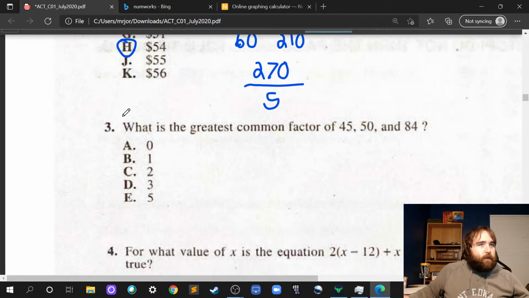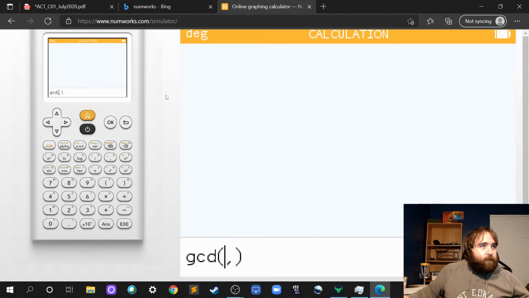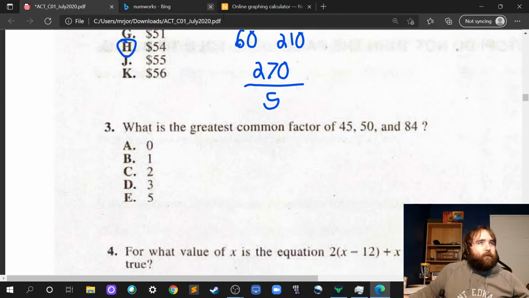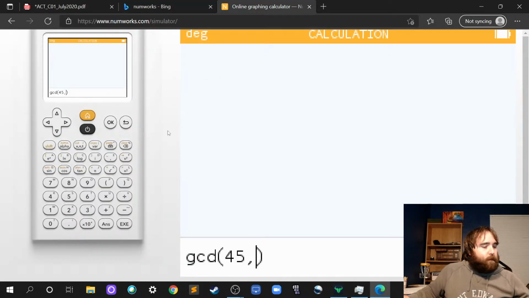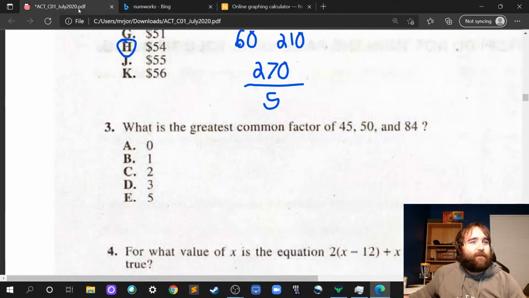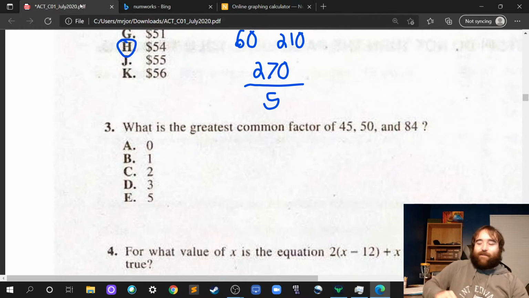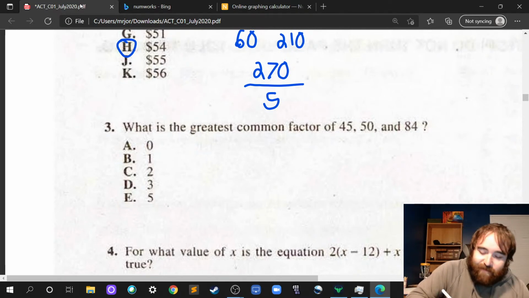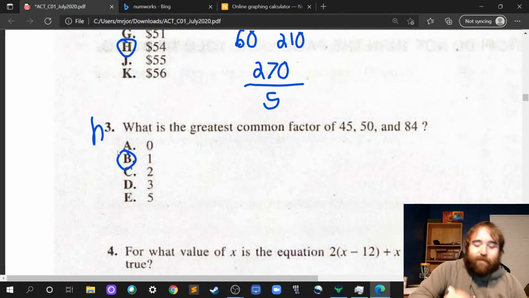Let's see. So they wanted 45 and 50 and 84. Let's see. 1? Is that true? Was that an answer choice? Oh, that was an answer choice. Okay. Well, I believe NumWorks.